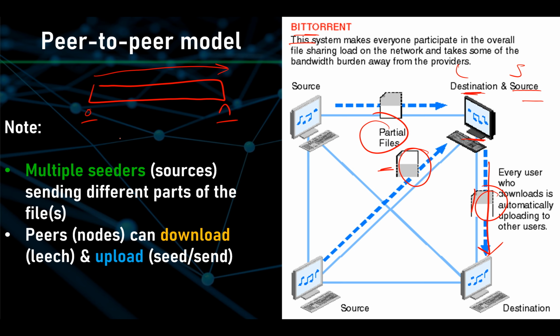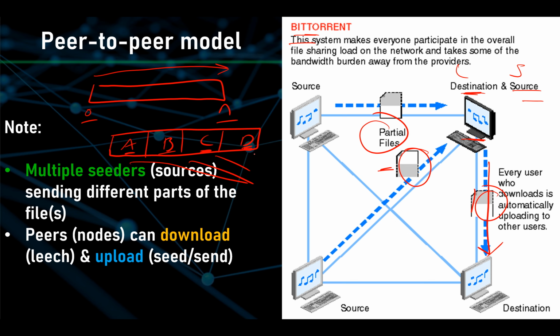Now, with a peer-to-peer model, let's say in our example we just break it down into 4 parts: A, B, C, and D. So you can have peer A sending this part of the file, peer B sending this part of the file, C sending this part, and D sending this part.